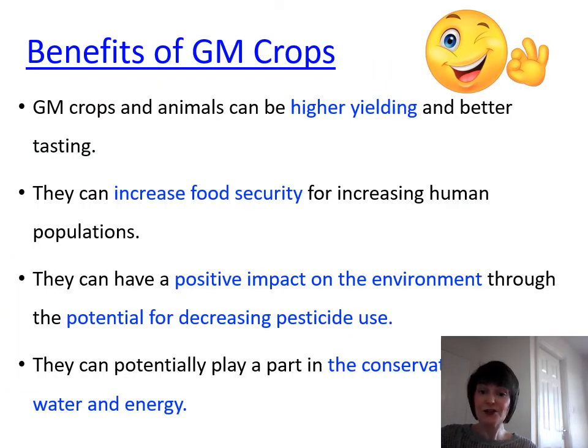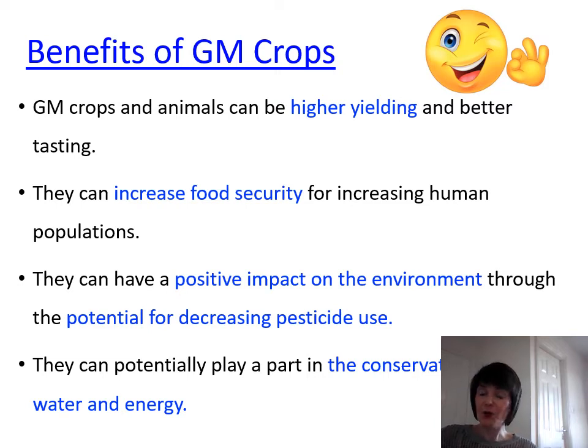So the benefits of genetically modified crops: like everything in biology, there are fors and againsts for most things. So GM crops and animals, because you can genetically modify animals as well, can be higher yielding, potentially better tasting. They can increase food security, so think about the tomatoes and extending the shelf life, increasing your crop yield for potatoes, etc. So they can increase food security for an increasing human population.